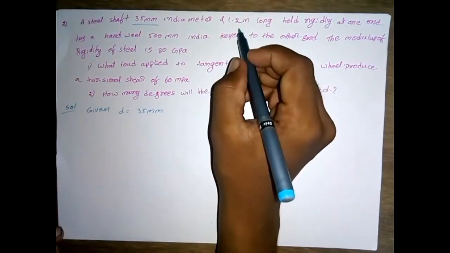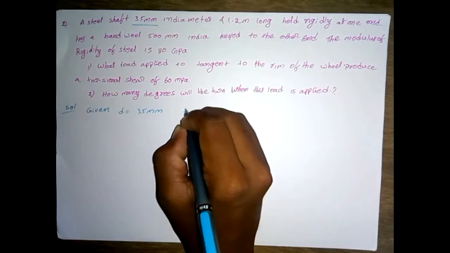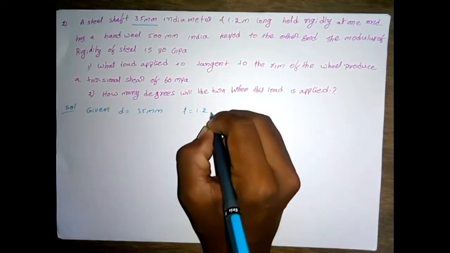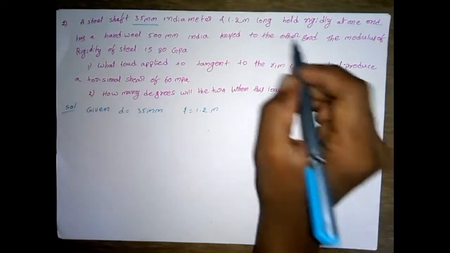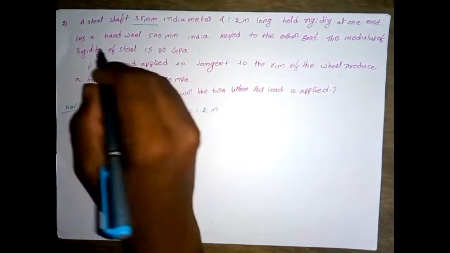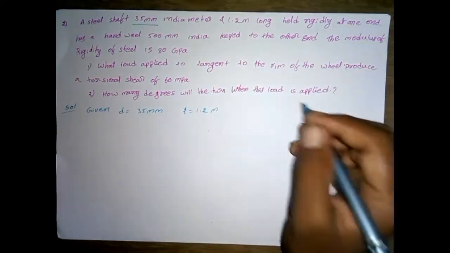and 1.2 meters long. So L is 1.2 meters, and held rigidly at one end, has the hand wheel at 500 mm.